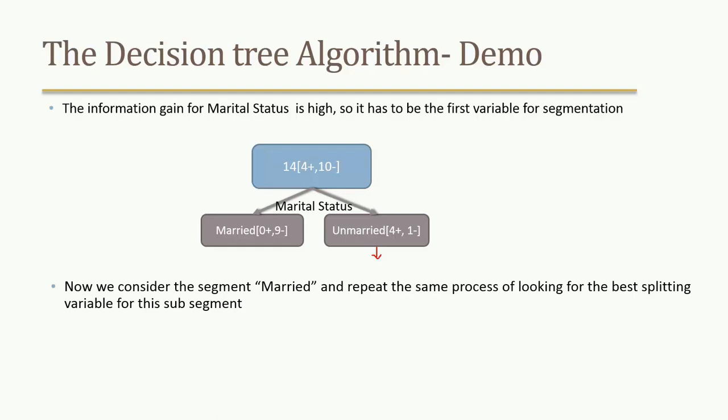If it is not required, we can leave it at that point. The married node is already pure: all 9 married customers are negative, so no further drill down is required here. If there is a requirement we will do it, otherwise we leave it, but the process remains the same. We take the segment and consider all the attributes. The one with the higher information value should be given higher preference for splitting the population.